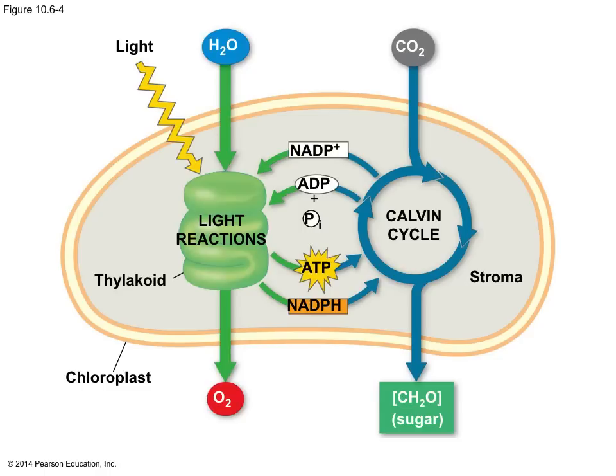We have oxygen, ATP, NADPH, and glucose coming out. And the reactants would be light coming in, water coming in, carbon dioxide going into the Calvin cycle, plus you have the byproducts of the Calvin cycle, which are NADP plus and ADP and inorganic phosphate.